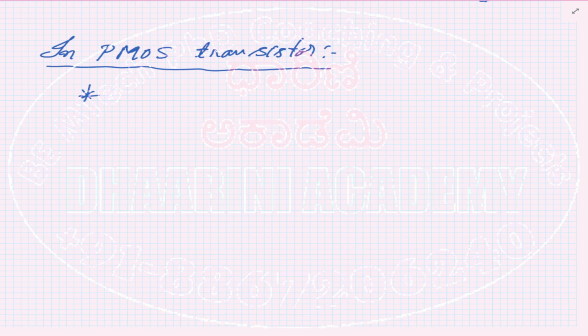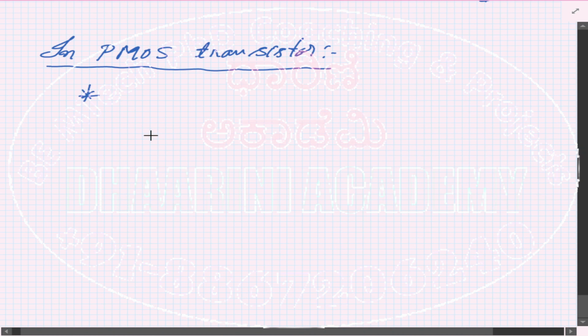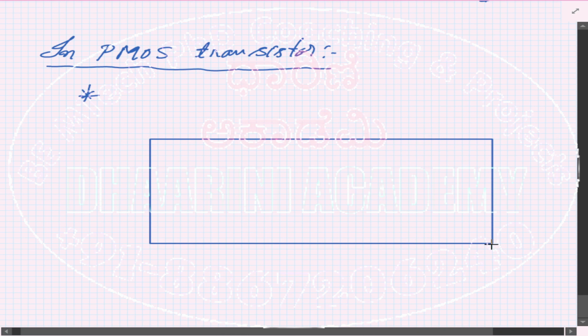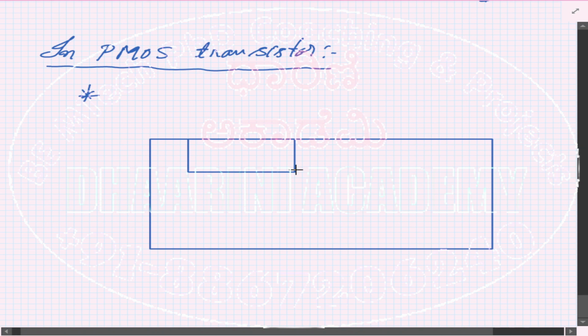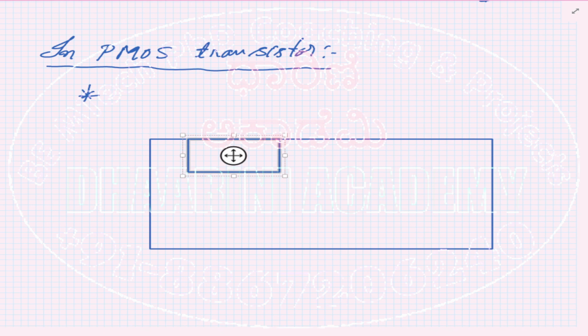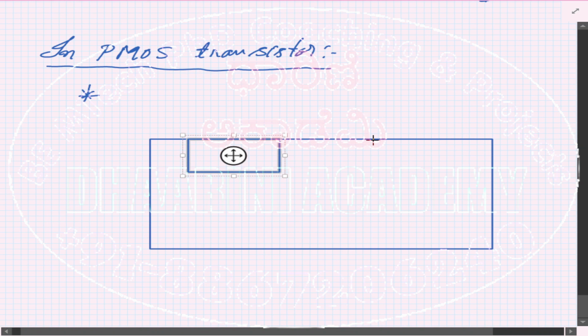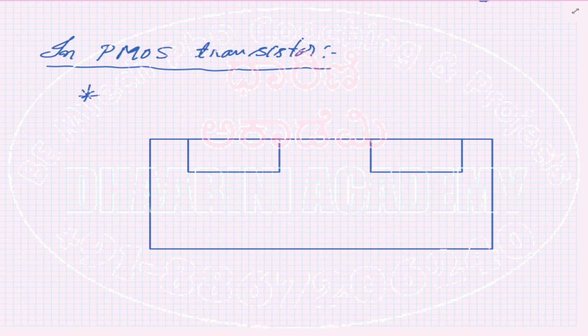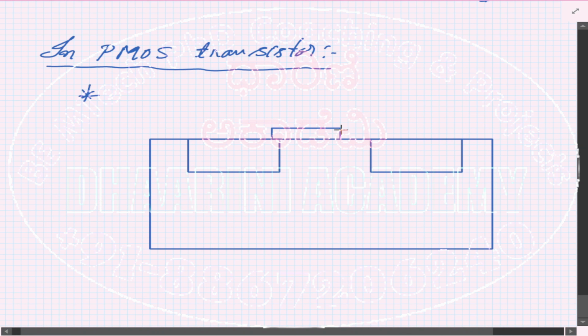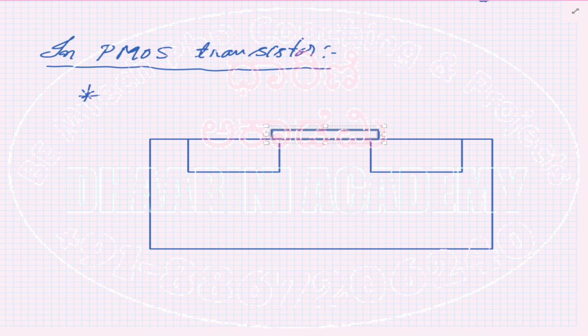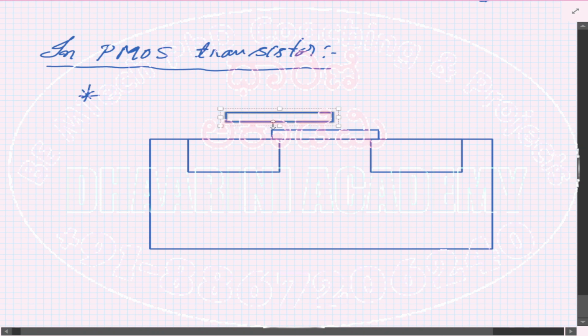Anyway, let me draw something very quickly so that we don't miss out on the polarities. So let's say we have the two regions, one for the drain, one for the source, and we have the SiO2, and above that we have the polysilicon.